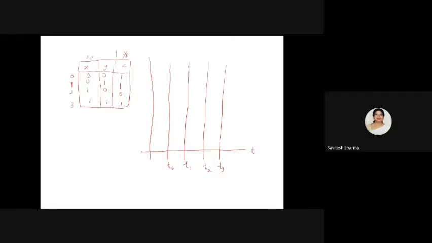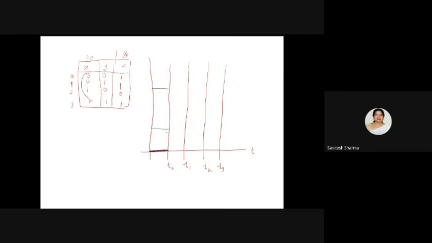So I will first draw the X information. X is 0. So X is 0 at T0, Y is 0, and Z is 1.